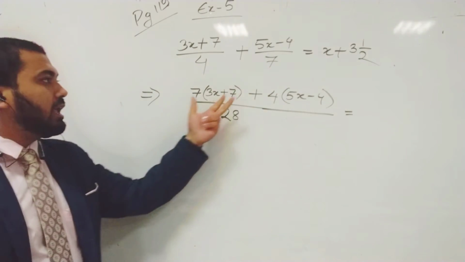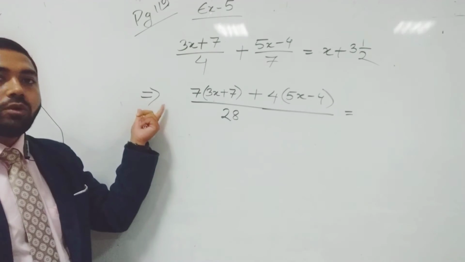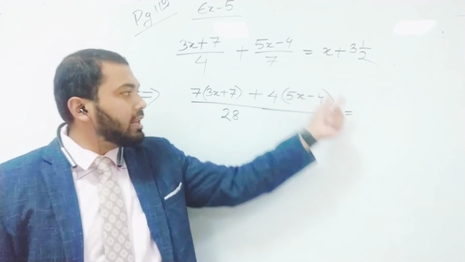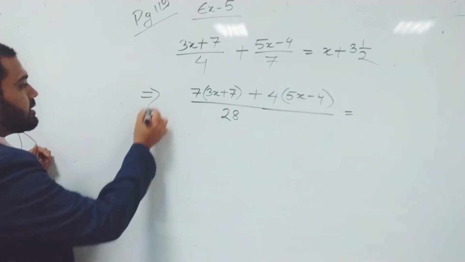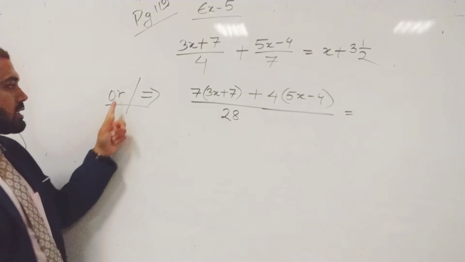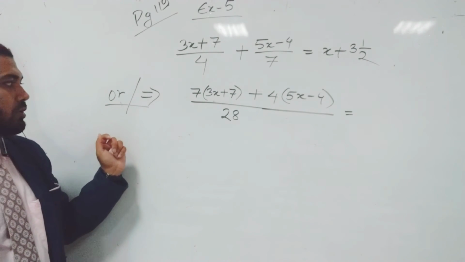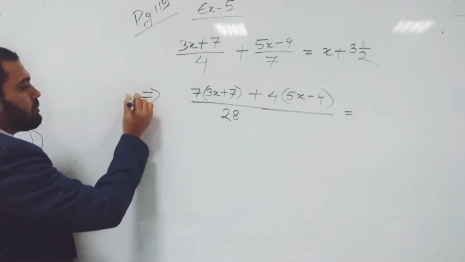Remember, in any algebraic equation, we need to use an or. Since there is already an equal sign, in the beginning we need to use either this sign or this sign. You can use either of these two signs. Okay. So I'm using this sign.